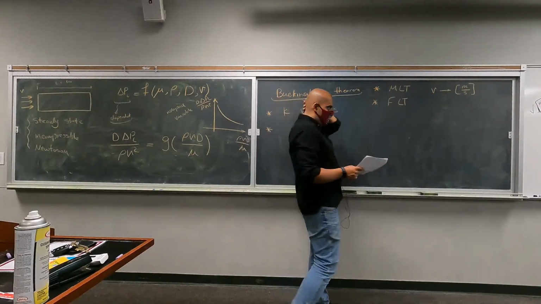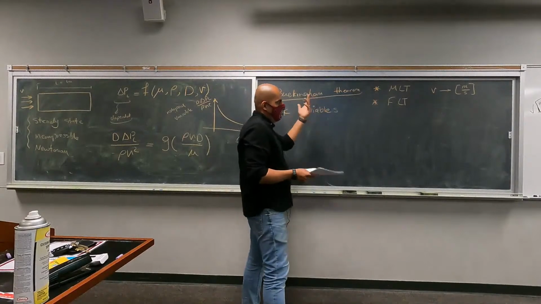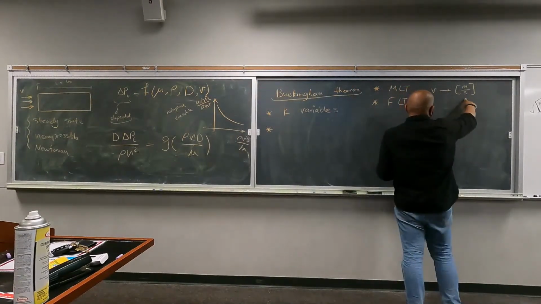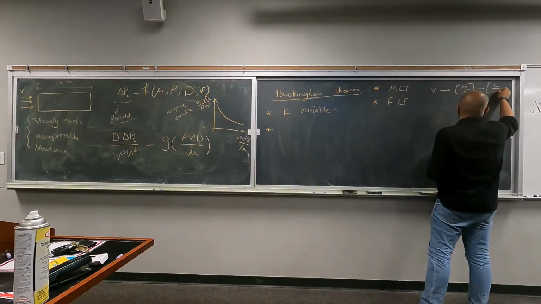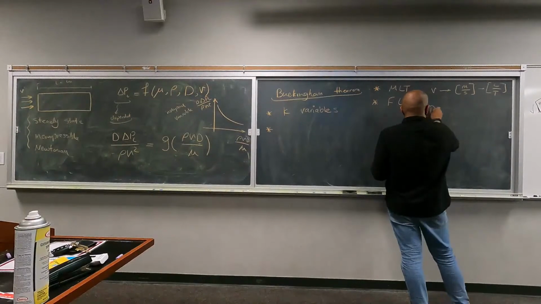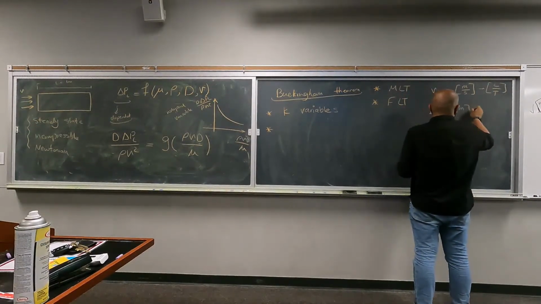Okay, so we all remember this, that we have 3 or more primary dimensions. Dimension of velocity, meters per second, or length per time. Dimension of diameter, meters, or length.